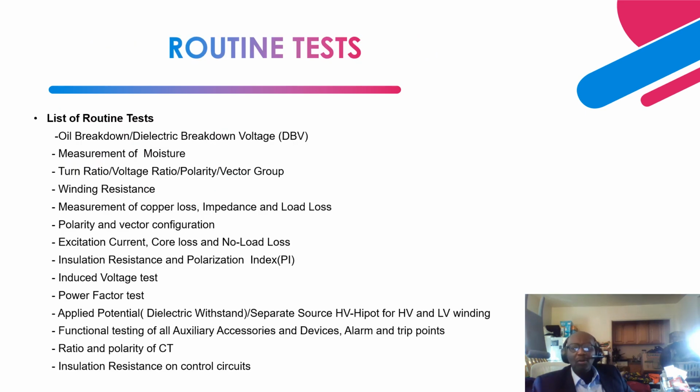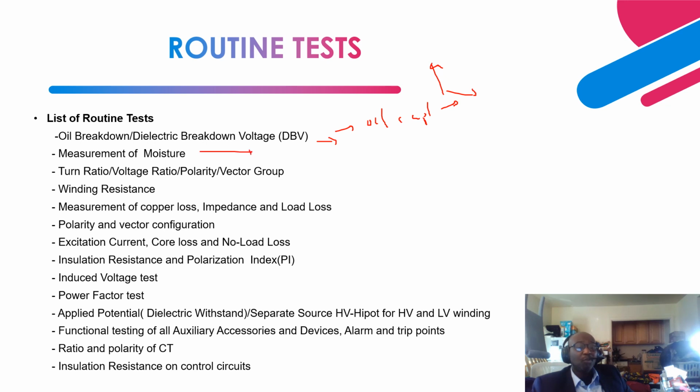Okay, for typical examples that we can give them: oil dielectric breakdown voltage testing, which is done by oil sample collection, where it is sent to the lab, usually two different labs, where the testing is done, right?